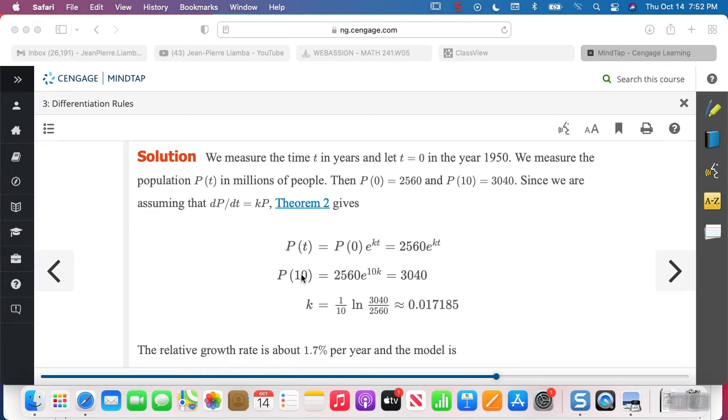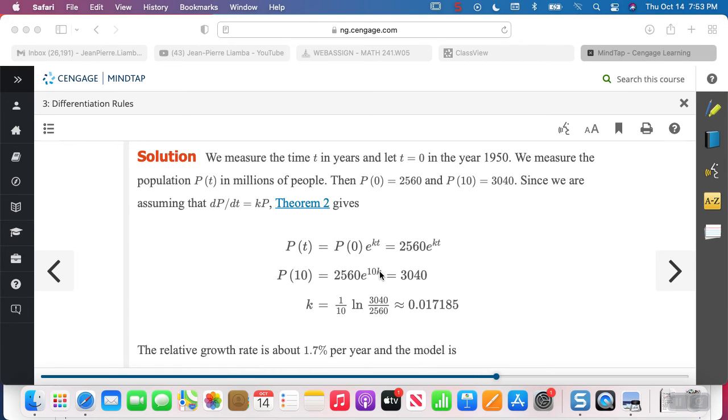So we have P of t equals 2560 times e to the kt. Now we plug in t equals 10, so the exponent of e is k times 10, or 10k. P of 10 is 3040. So we have this equation that we're going to use to solve for k.